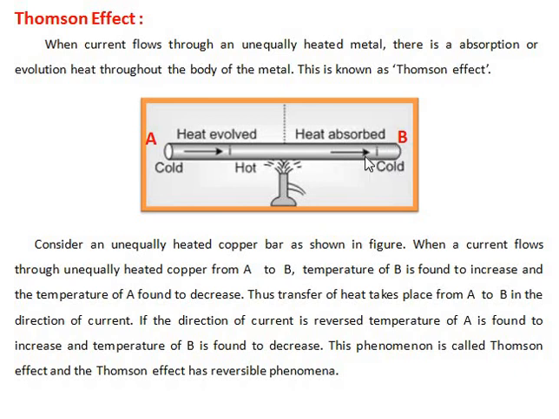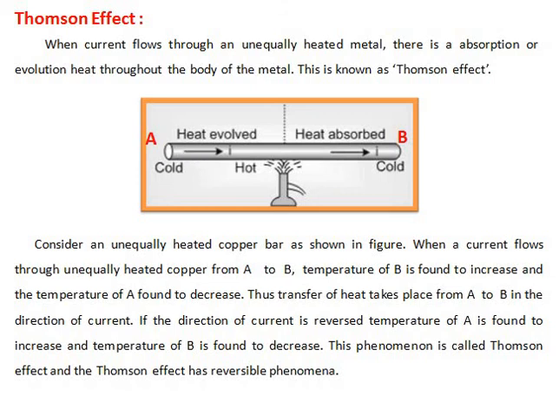So here the heat is evolved at B and the heat is absorbed at the A end, dear students. So it is a reversible process. So the Thomson effect is a reversible phenomenon.